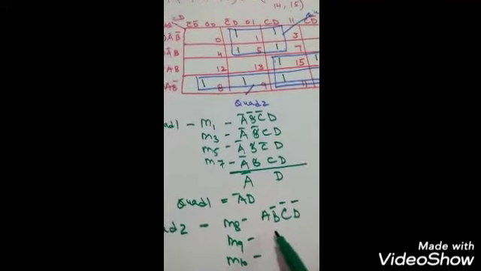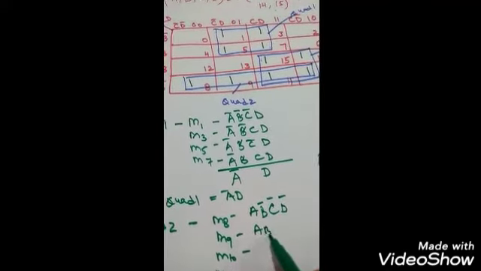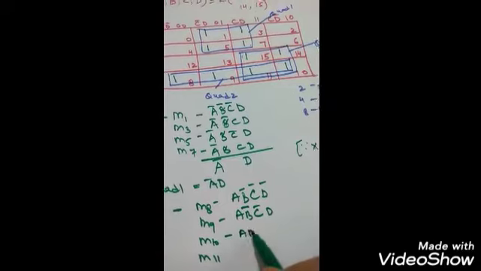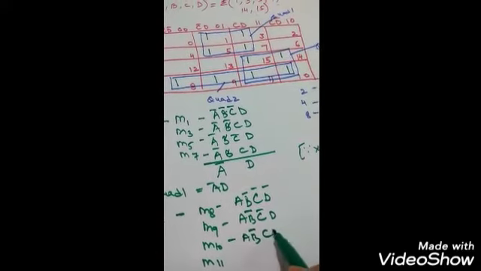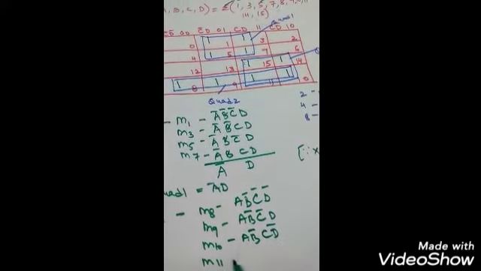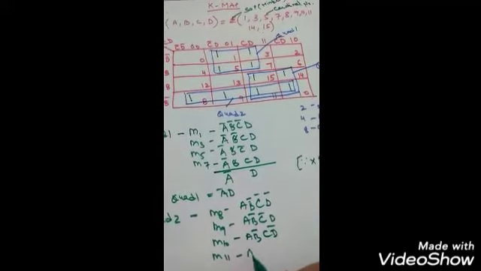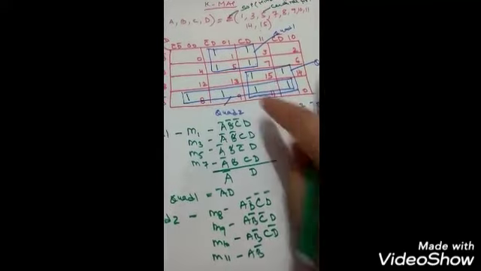Similarly for M9 we have A, B complement, C complement, D. Then for M10 we have A, B complement, C, D complement. Similarly for M11 we have A, B complement, and at the top we see C, D.